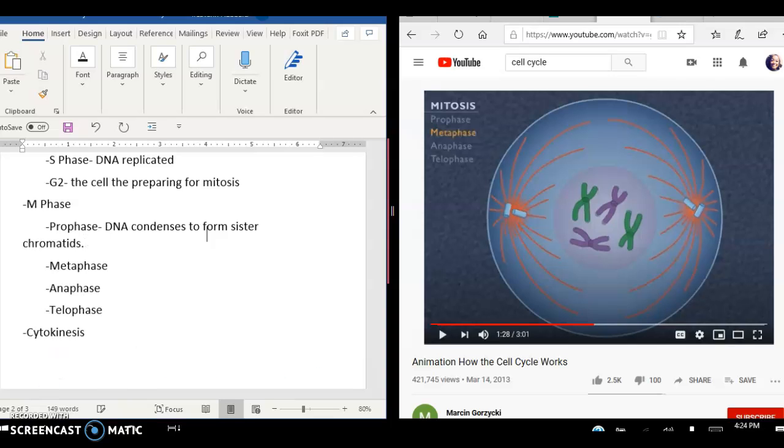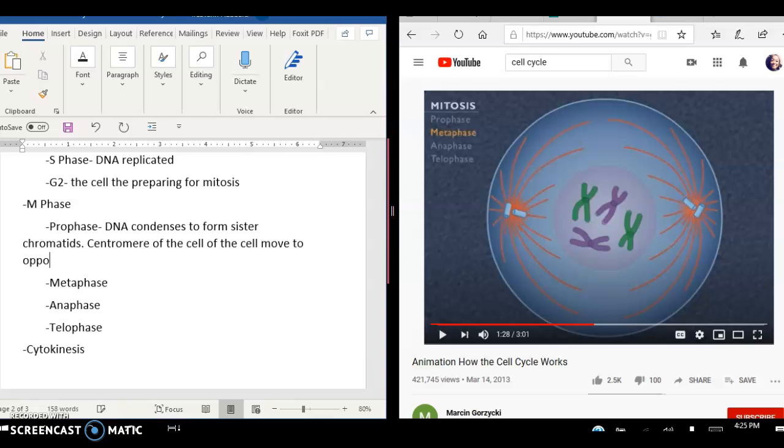Alright, then the centromeres of the cell move to opposite ends of the cell, or to the poles of the cell, kind of like the North Pole and the South Pole. So they're going to move to opposite ends of the cell and create spindle fibers.